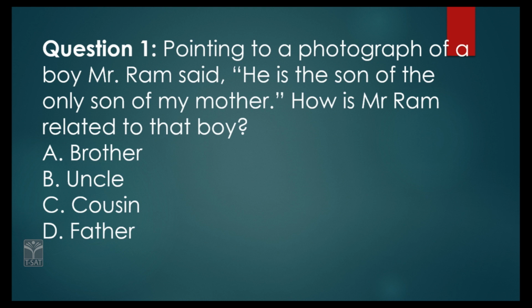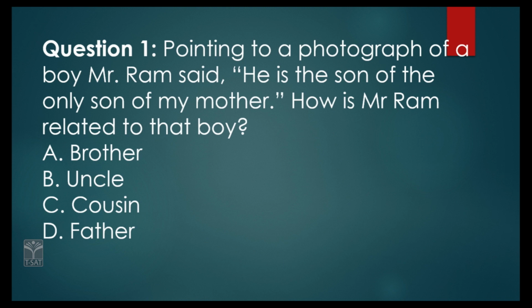Pointing to a photograph of a boy, Ram is showing that photograph and saying, he is the son of the only son of my mother. How is Ram related to that boy? You have to find the answer: brother, uncle, cousin, father.